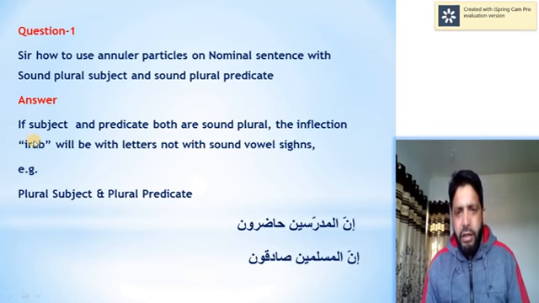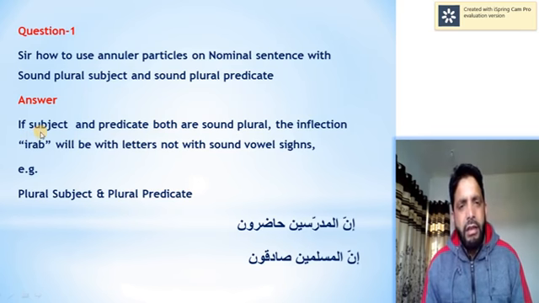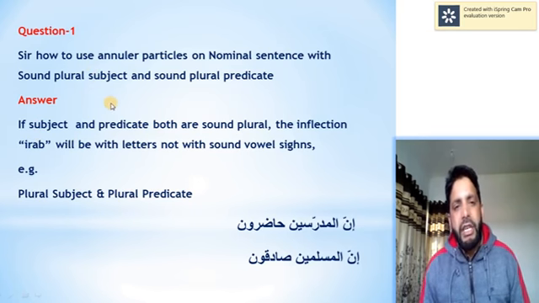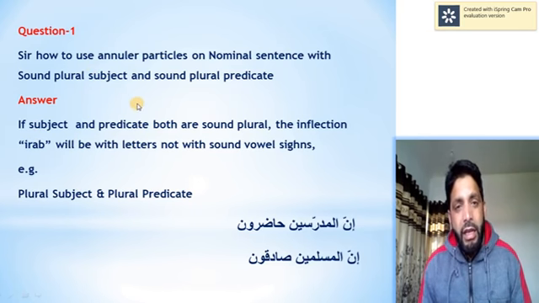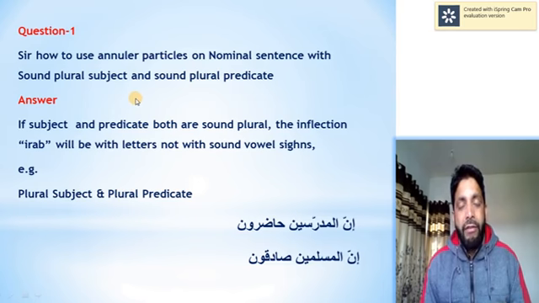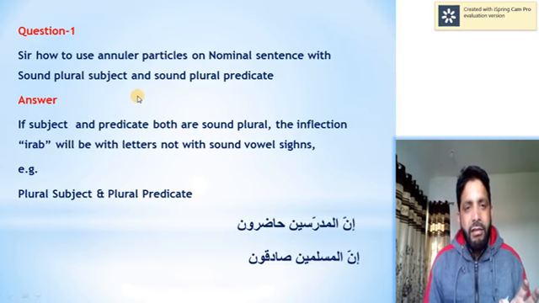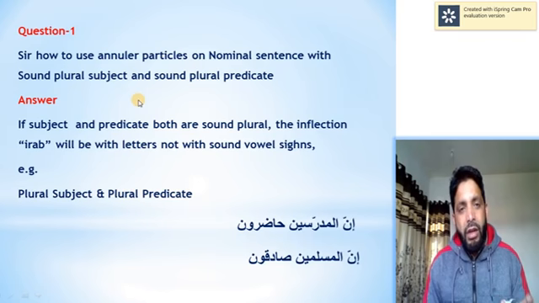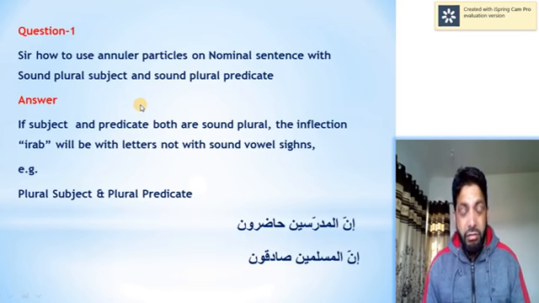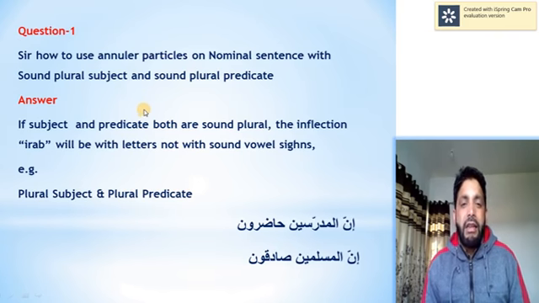I think we have discussed this in this lesson, but not in detail, because before knowing the ruling of inna on a sound masculine plural subject and sound plural predicate, we should know some basic rules of the sound masculine and sound feminine plural. We have to read their i'rab, their inflection, how they are changed, and after that you will clearly and precisely understand how we use inna.